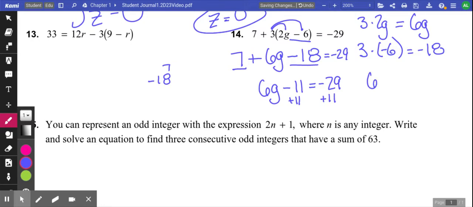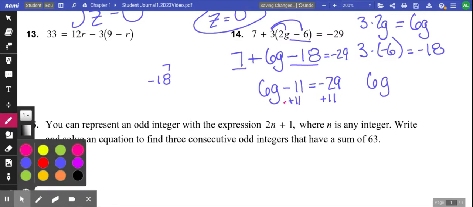All right, so 6g, the negative 11 and positive 11 cancel out. So 6g is equal to, we've got to think about negative 29 plus positive 11. That's going to be negative 18.